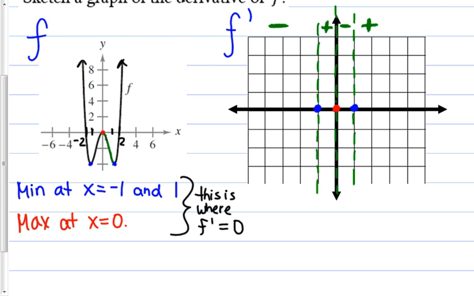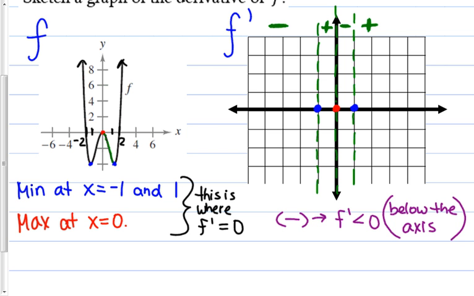Minus is actually f prime is less than 0, and that means below the x-axis. This part of the graph is below the x-axis. It's negative.